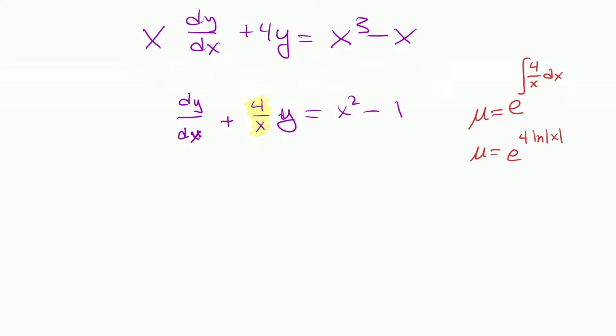And then you're like, well, what are we doing here with this 4 ln of x? Well, let me rewrite this. Anytime you have something like this, it's always best to move the coefficient of ln inside the natural log. So use your rules of logarithms.